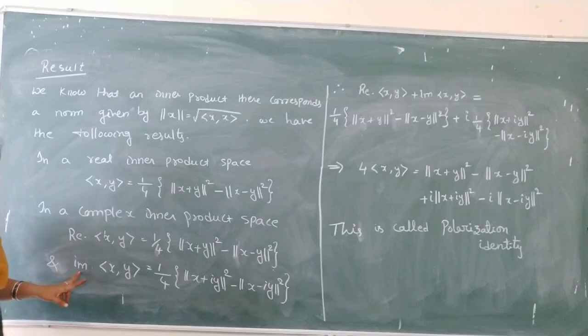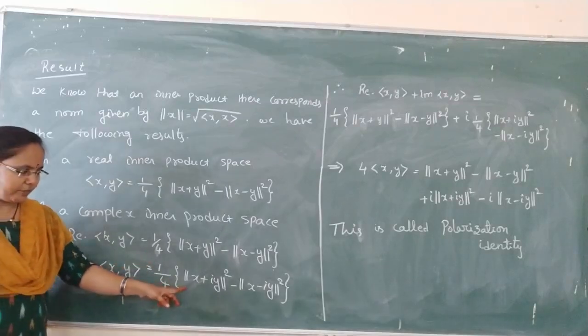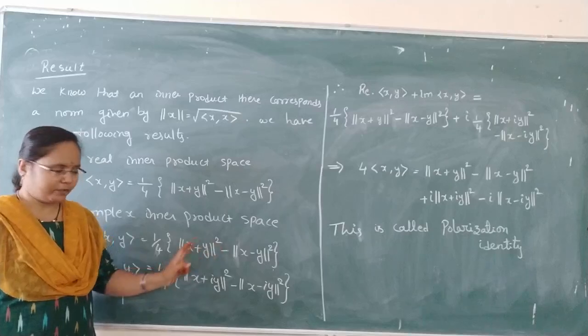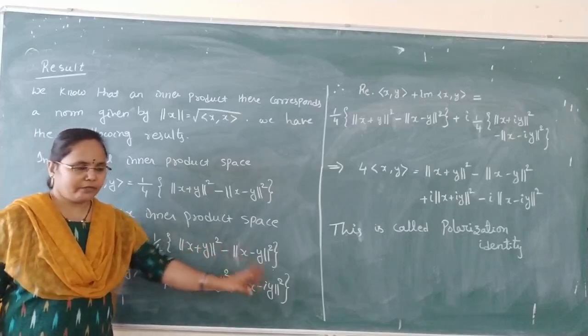Next, the imaginary part of the inner product of two elements is 1 by 4 of norm x plus iy whole square minus norm x minus iy whole square. The imaginary element is always y, the second value.